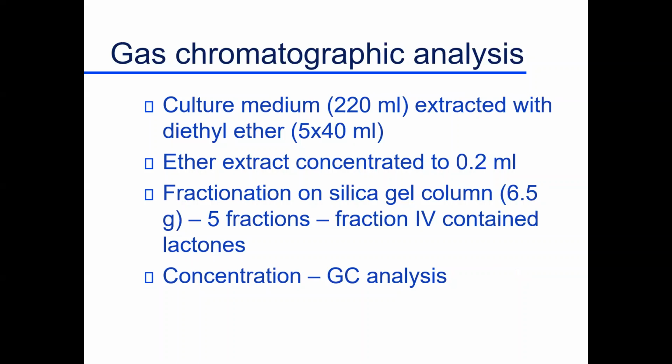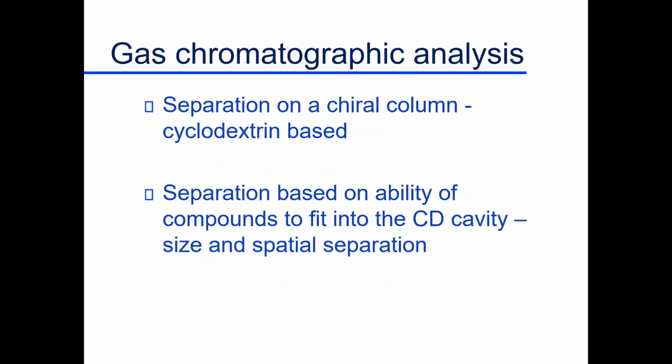And this is just simply outlining it. You take your culture, you extract it with diethyl ether. You take the diethyl ether, you concentrate that down to 0.2 mL. Fractionate it in a silica gel column to get out only the fraction you want that has your lactones of interest. Concentrate and run by gas chromatography.